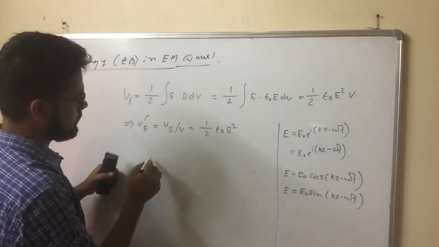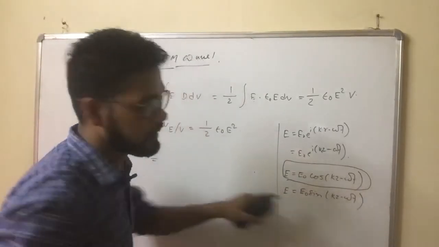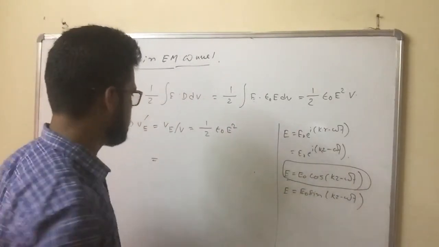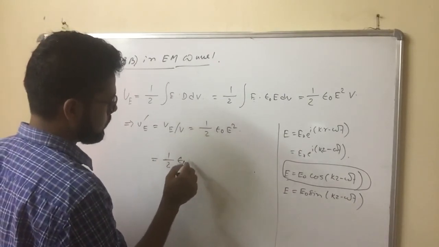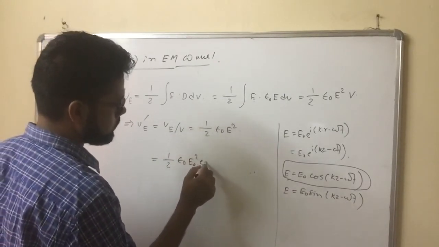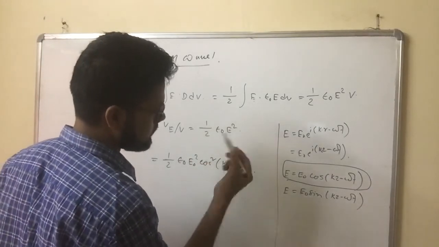Energy associated with this, suppose I am taking cos, you can take sine also, no problem, the answer will remain the same. It will be 1 by 2 epsilon naught E naught square cos square(kz minus omega t). Correct?